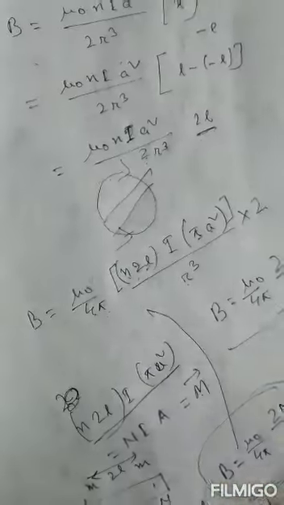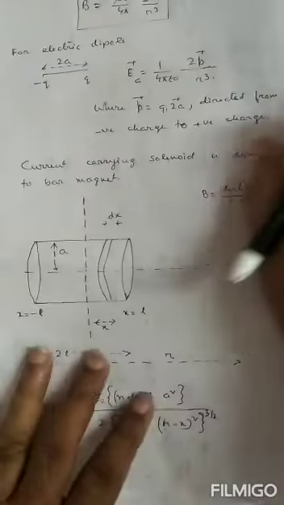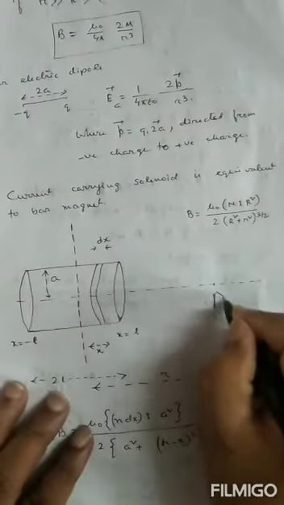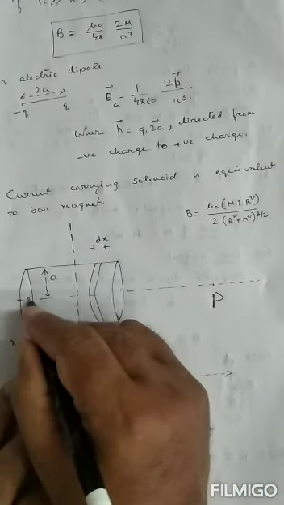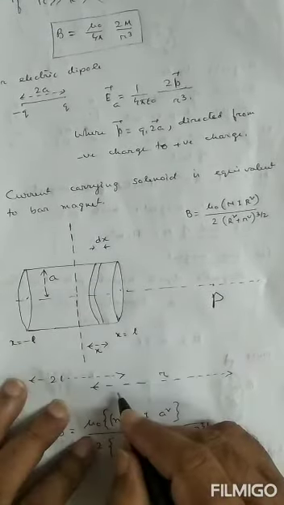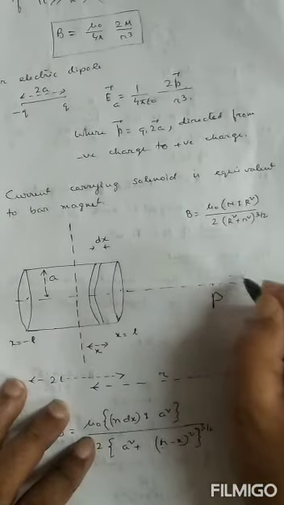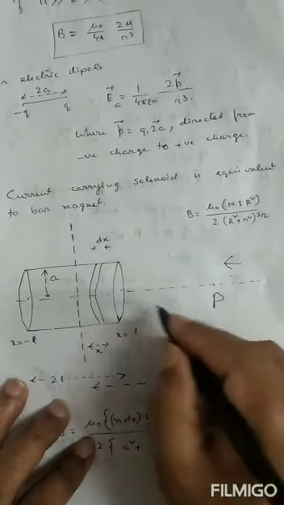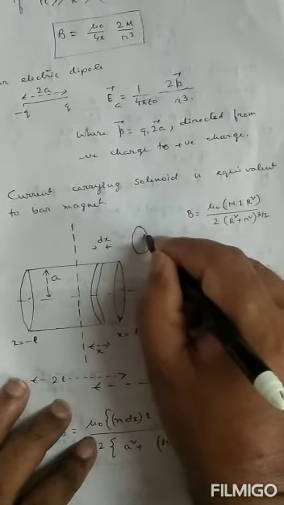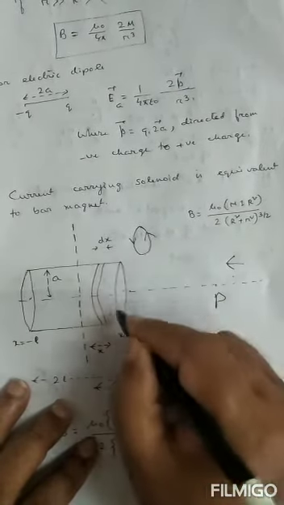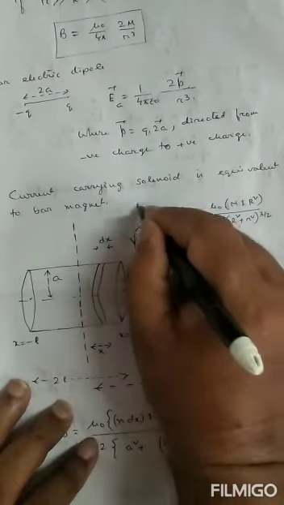So if it behaves like a bar magnet, then what happens? One end of the solenoid must behave as the magnetic north, and the other end must behave as the magnetic south. So if I look from this side, and current through this face is anti-clockwise, this end behaves as the magnetic north.